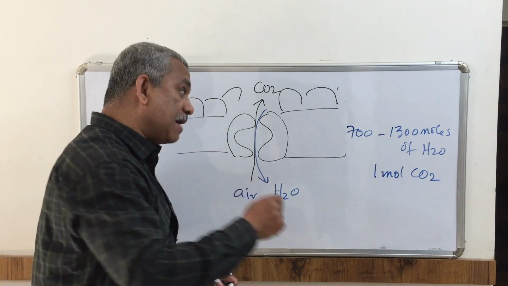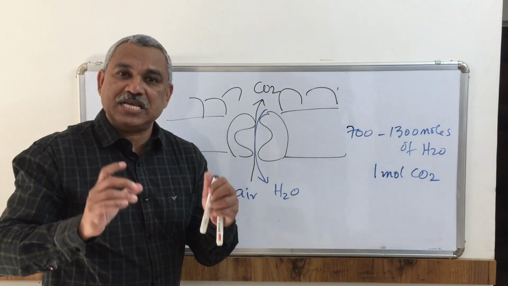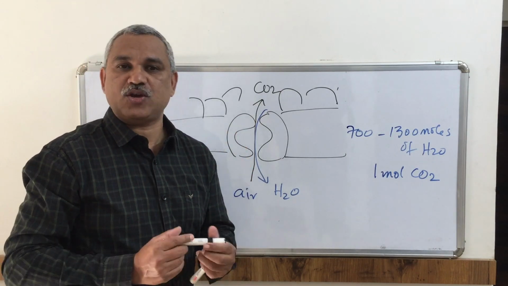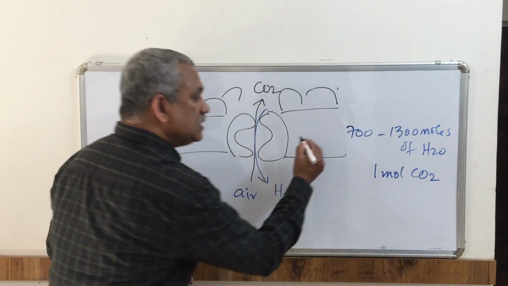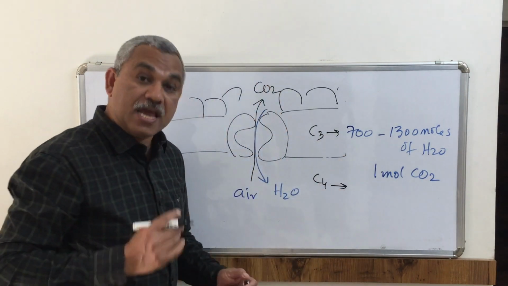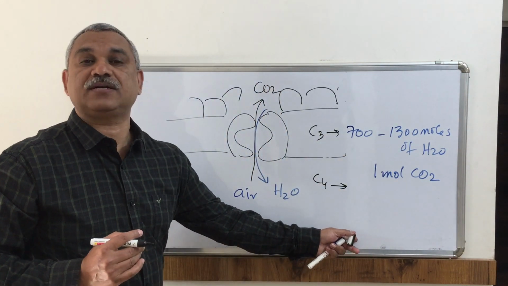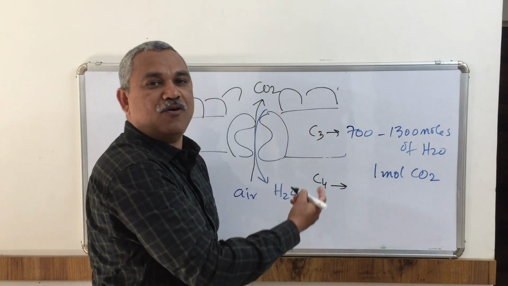Now, with this adaptation in C4 plants, what it will do is concentrate carbon dioxide. By doing that, a C4 plant, compared to the case of a C3, is able to fix the same amount of carbon by using half of the volume of water.